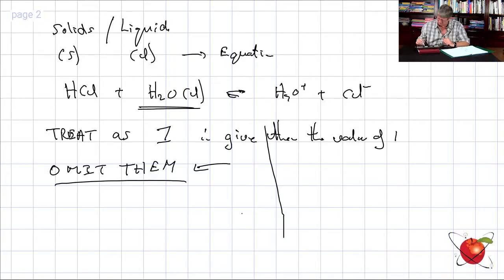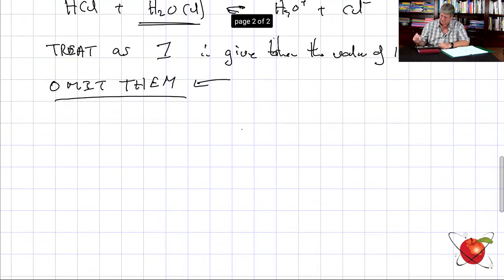I say call them 1, because then you've actually given them a positive value. You've said, right, that is 1. Because if you omit them, we tend to think of it as 0, and it's not. Okay. Therefore, in the calculations, we now can say if there's solids or liquids, we write them as 1.